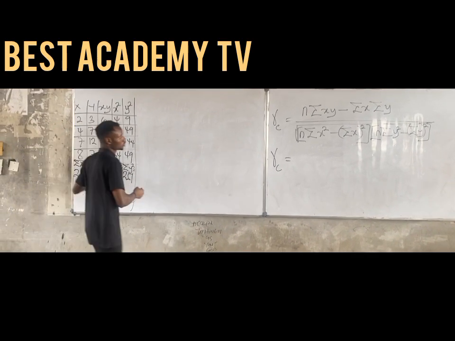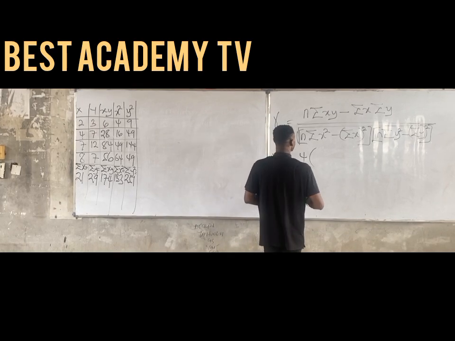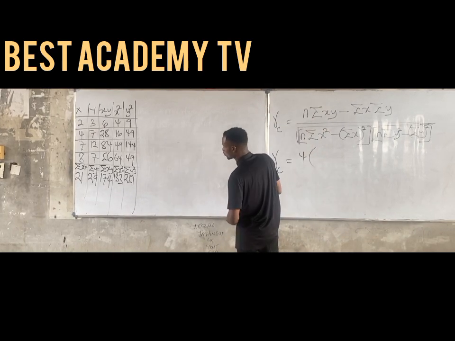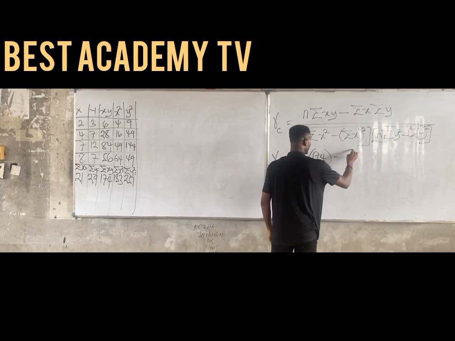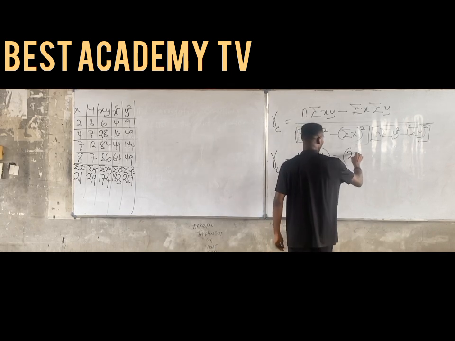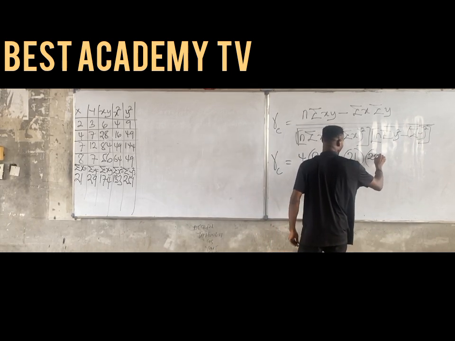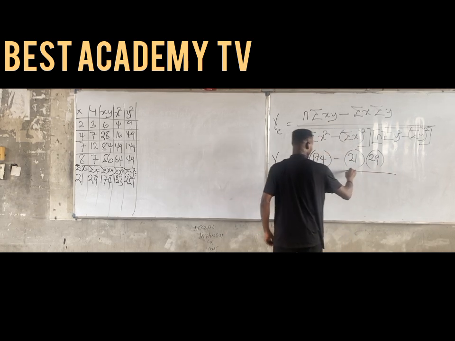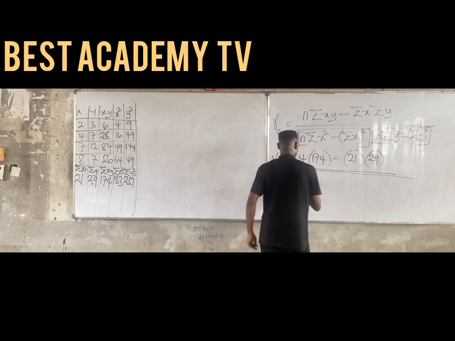Am I correct? So this is going to be 4 into, what is the sum of sy? Please take note. 174 minus, what is the sum of s? 21. What is the sum of y? 29. Okay. Divide by square root of, please take note of this.